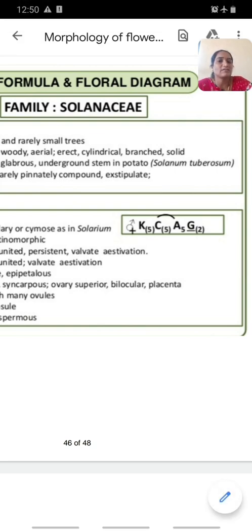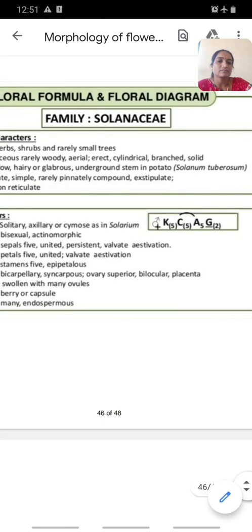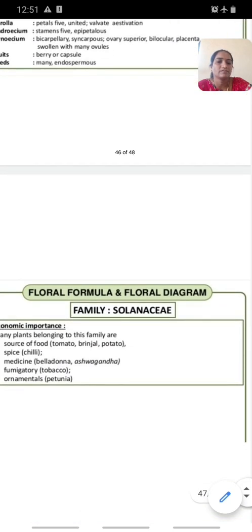Androecium stamens are 5 and they are free, and hence there is no bracket. G with an underline means the gynoecium ovary is superior, and they are 2 in number, and they are also in fused or syncarpous condition, and hence a bracket is there. Okay, this indicates the floral formula.